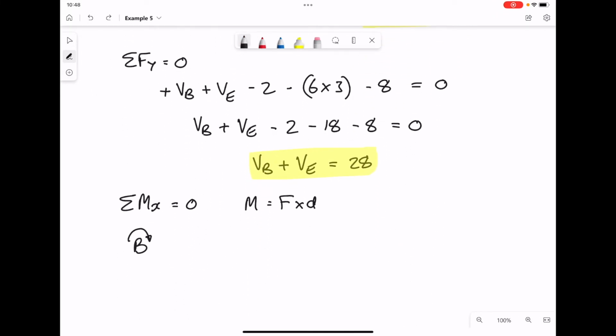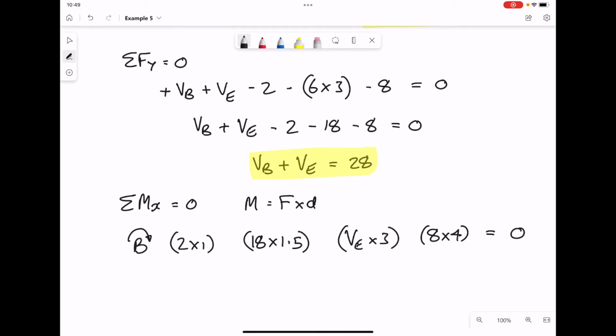So our moment equation will become 2 times 1, 2 kilonewtons, 1 meter away. The UDL, 18 kilonewtons is the total weight. Distance to its center is 1.5 meters. The reaction VE was 3 meters away from point B. And finally, the 8 kilonewtons on the end, it was 4 meters away.